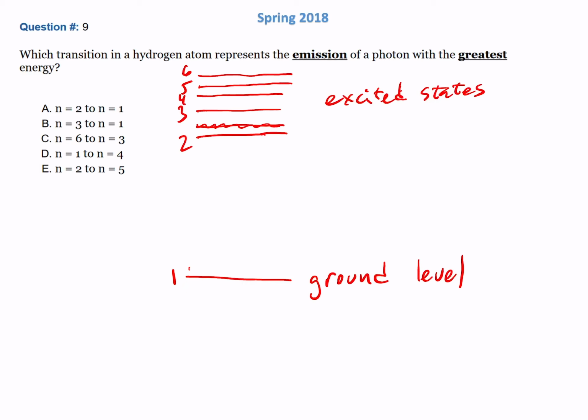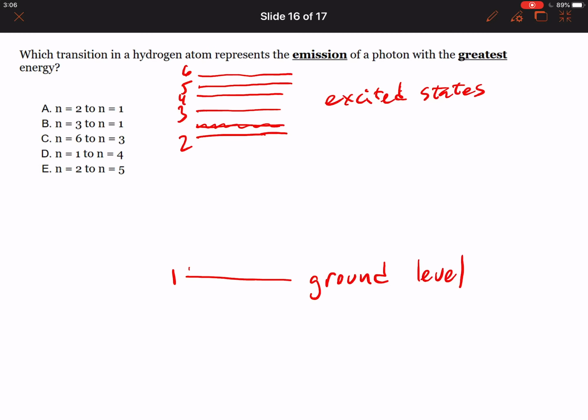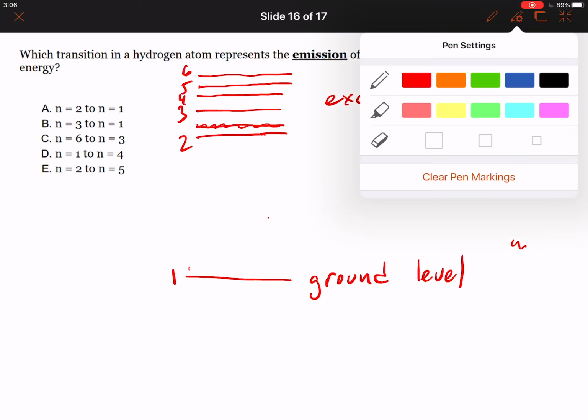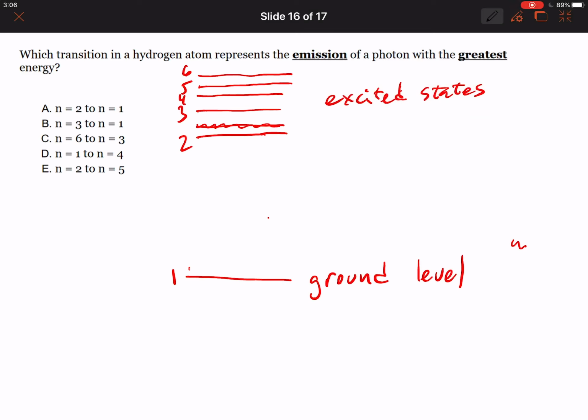Now here we are going with transitions. Which transition represents emission of a photon with the greatest energy? So how about we change color here? The first one is telling you you are going from 2 to 1, so you're starting here and going there.